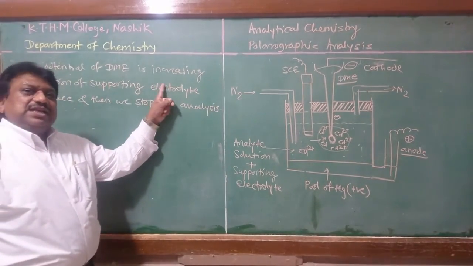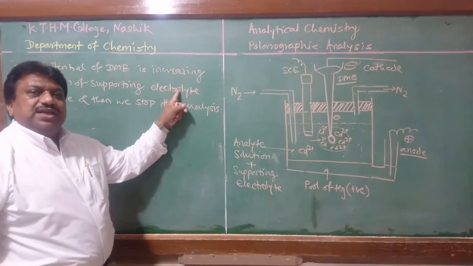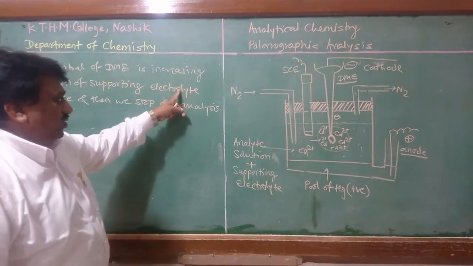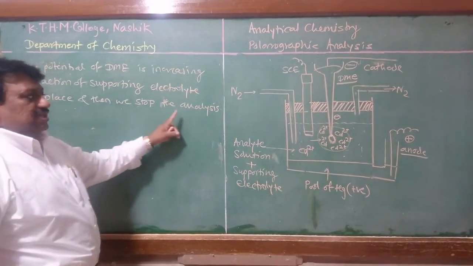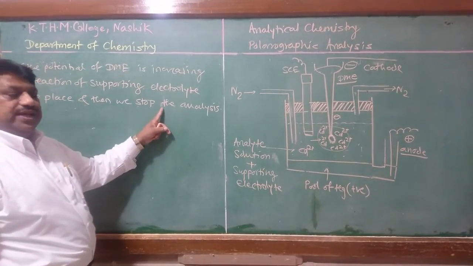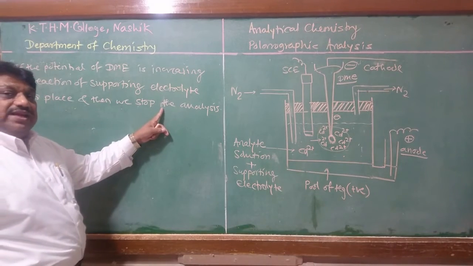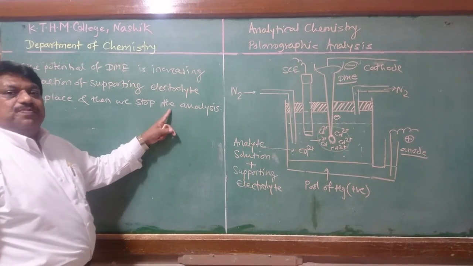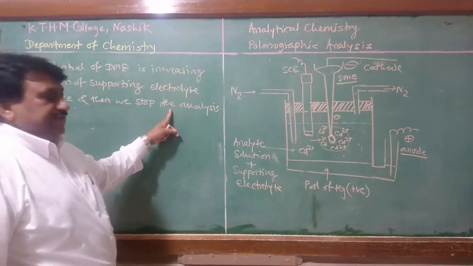Therefore, signal of incompletion of reaction is because of the reaction of supporting electrolyte. As the analyte is reduced completely, reduction of supporting electrolyte takes place, and then we can say that we have to stop the electrolysis process.